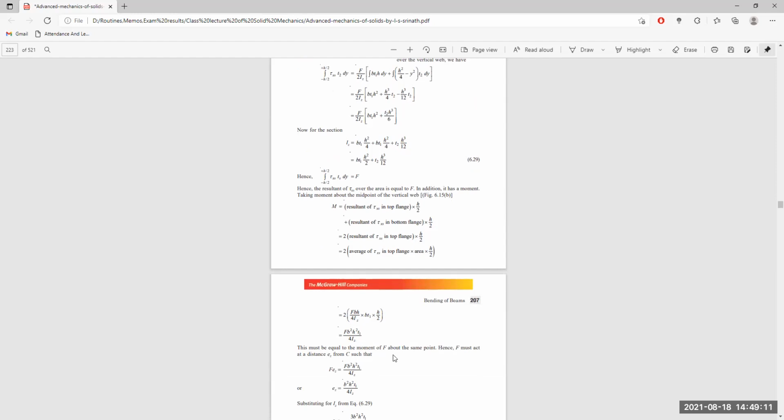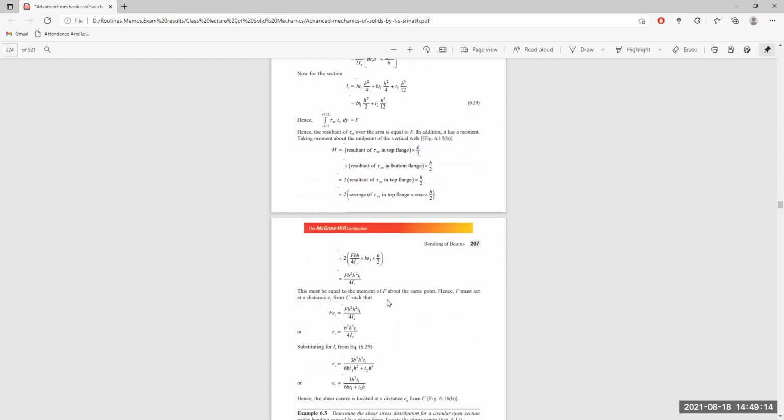And this must be equal to the moment of F about the same point. Since F must be at distance E2 from C such that F E2 is equal to F B square H square T1 by 4 Ij. So E2, the distance of the point of application of the force, is B square H square into T1 divided by 4 Ij.